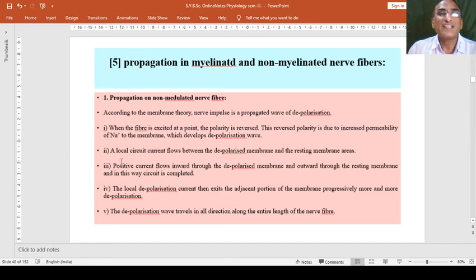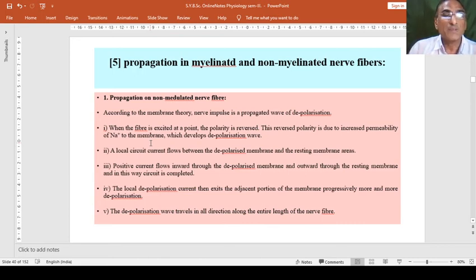Now, according to the type of neuron and its membrane, the theory of nerve impulse movement, its propagation and the passage of the waves of depolarization is different.